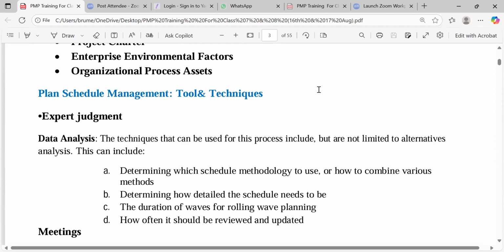And what are the tools and techniques to be applied here? The first one is expert judgment. Machines are not going to be getting this done for us. We would be using the machines and the equipment, but we are the experts. The stakeholders are the experts to be consulted. You and your team members. If it is a book project, you and the publishers, you and the writers, you and the researchers, they are the experts.